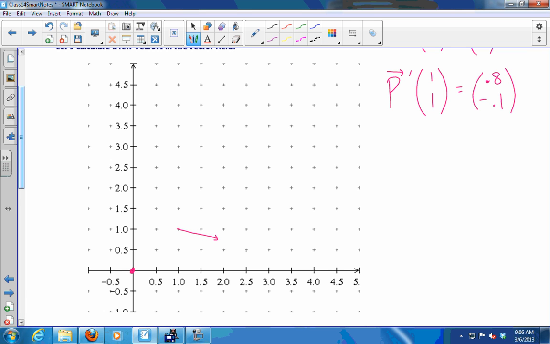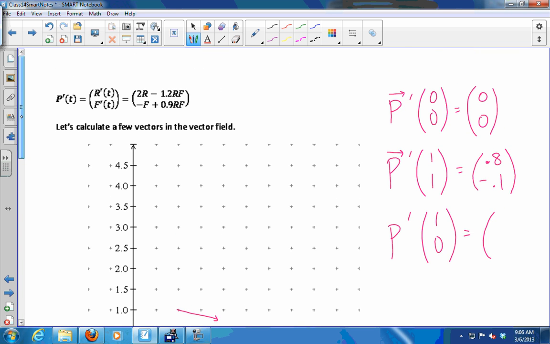And then I could do a whole bunch of these, right? I could do P prime at maybe 1, 0. So I know when I plug in 1, I get 0.8. No, I don't. Sorry, because I have to plug in a 0.